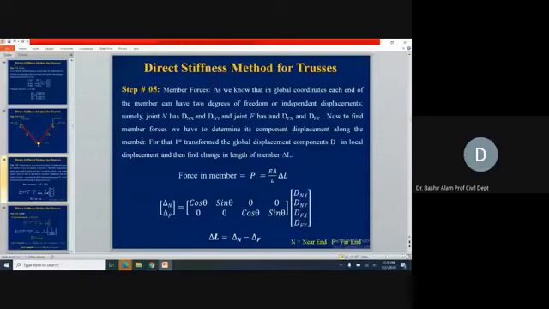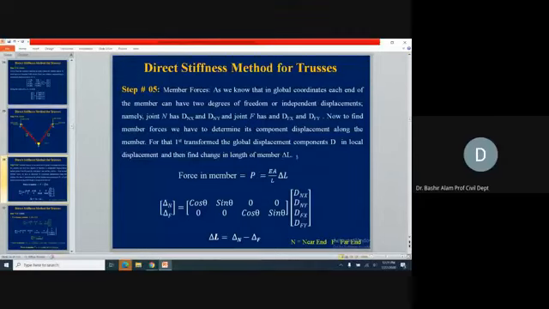Now to find member forces, we have to determine the component displacement along the member. For that, first transform the global displacement component D into local displacement and then find the change in length of the member.